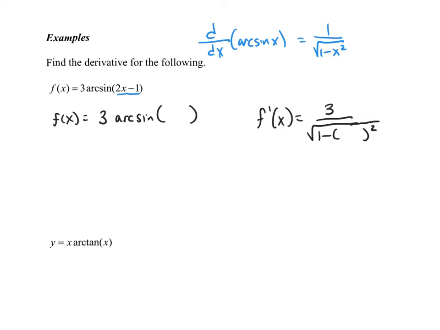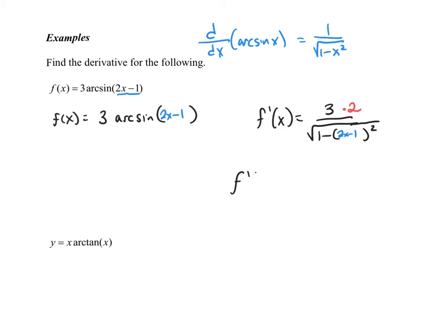In our case, it's 2x minus 1. So inside those parentheses, we'll have to put the 2x minus 1. And then because it's something other than x, the chain rule applies here. So we'll have to multiply by the derivative of 2x minus 1, which is just 2, because the derivative of 2x is 2, and then -1 just goes away.